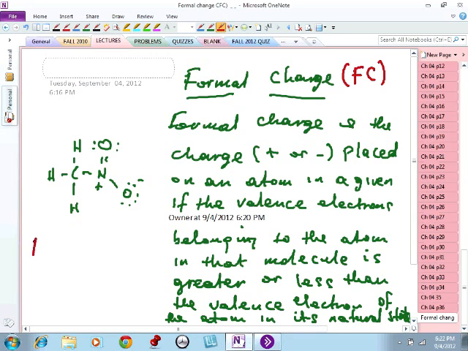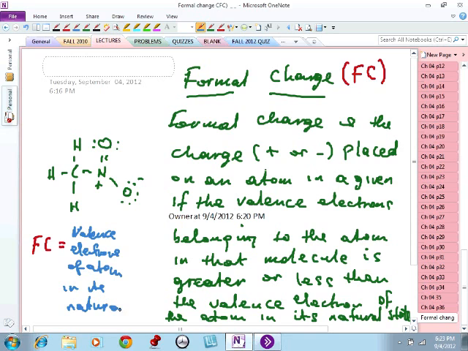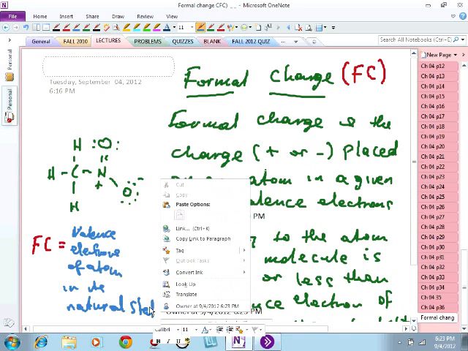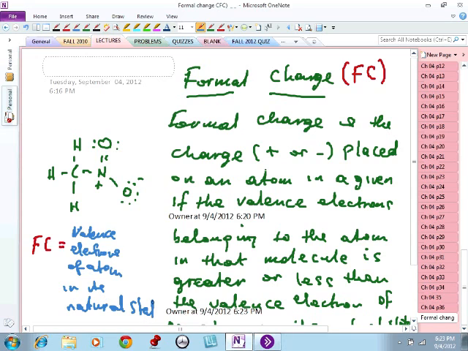So we are going to define formal charge as FC equals valence electrons of atom in its natural state. Okay, everybody got this? Okay.